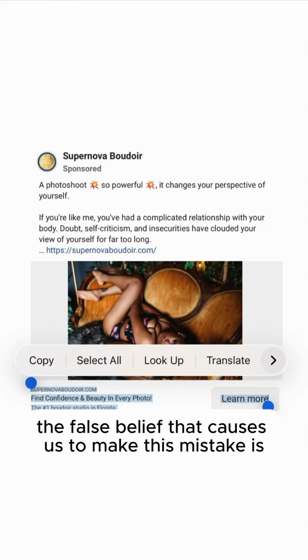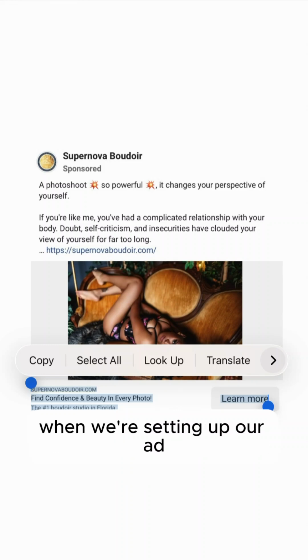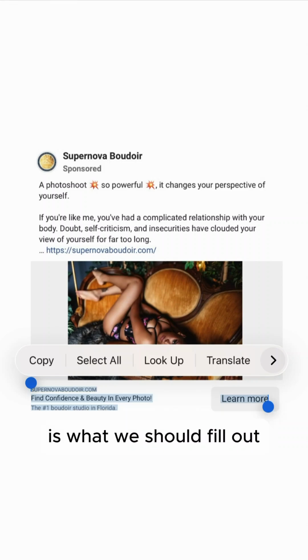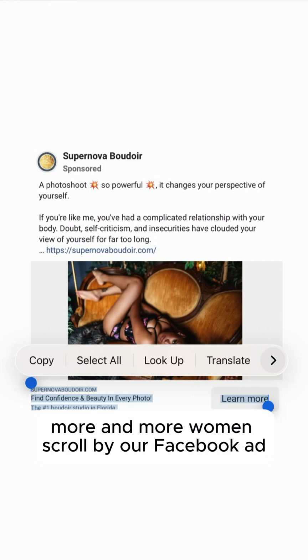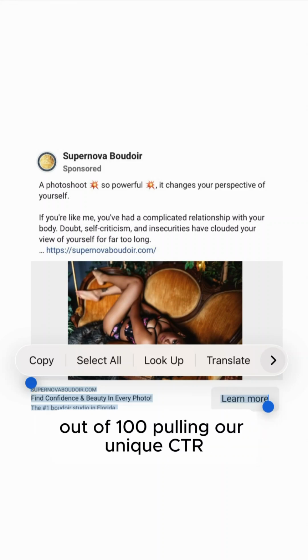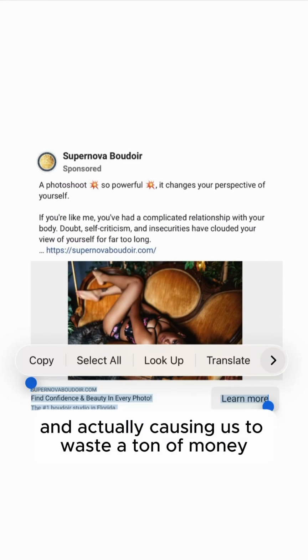The false belief that causes us to make this mistake is we're trusting what Facebook tells us to fill out when we're setting up our ad is what we should fill out. But the consequences of following this false belief is more and more women scroll by our Boudoir Facebook ad out of 100, pulling our unique CTR under 6%, and actually causing us to waste a ton of money.